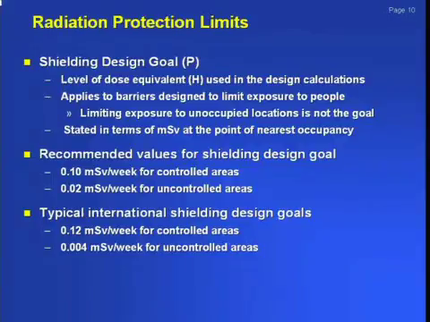Radiation protection limits. The shielding design goal that we use is the level of dose equivalent, or what we call the initial H, used in all the design calculations. So H refers to your dose equivalent. It applies to all the barriers designed to limit the exposure to people.